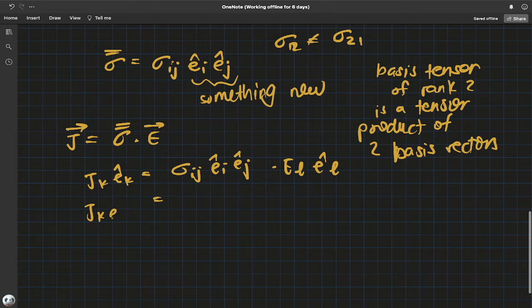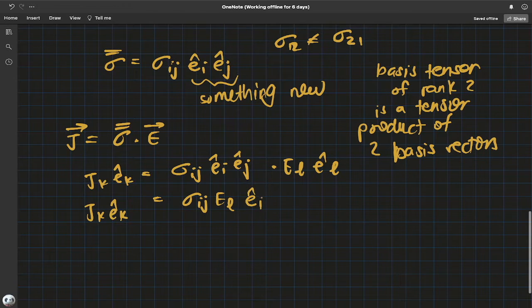If you simplify things, how the dot product works for tensors is that the basis vectors facing each other in the dot product get converted into a Kronecker delta for those two indices. In this case, we will have a Kronecker delta jl, not a Kronecker delta il, because e_j and e_l are facing each other in this dot product. e_l will come outside because it's a scalar.